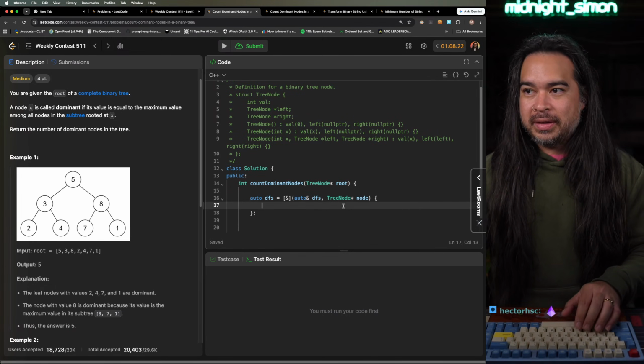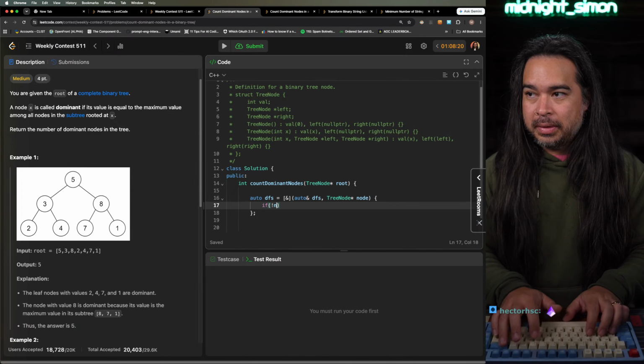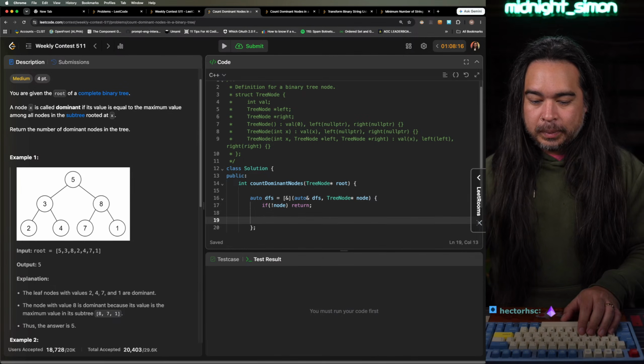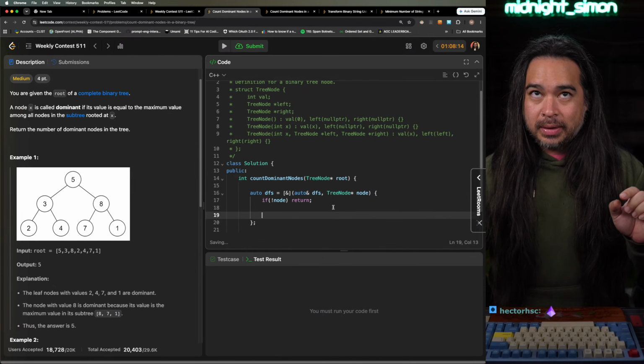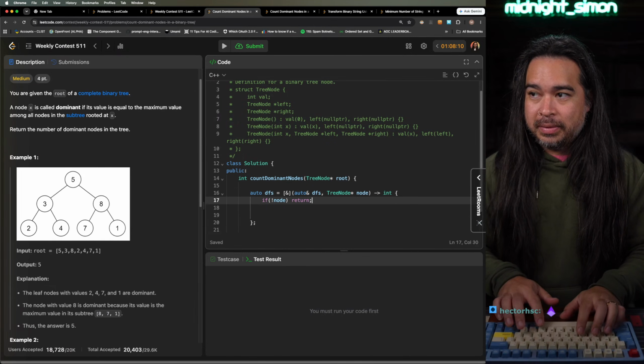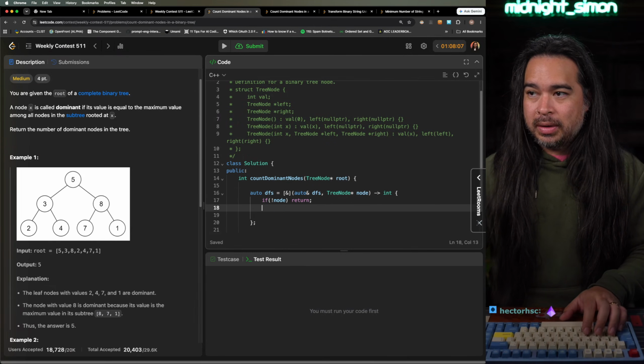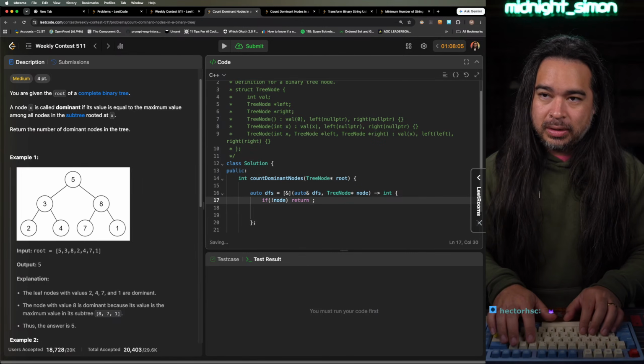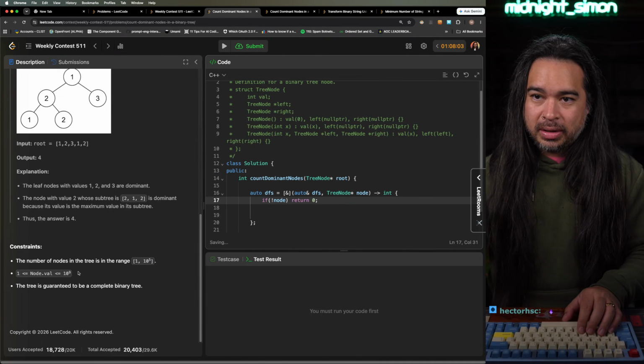I'm gonna DFS, yes, so I need each node to return its maximum value in the subtree. So maybe instead of returning nothing, this should return, I'll check. All the node values are positive, so I'll just return 0.